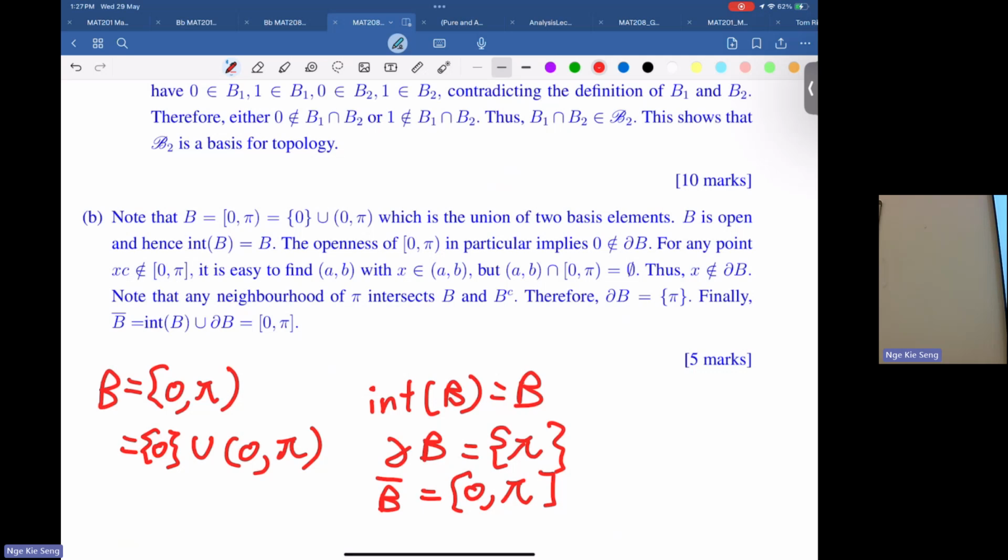Everything between 0 and pi is an open neighborhood, so it's everything already. Boundary of B. How to check the boundary of B? What's the definition of the boundary of B? Every neighborhood of that point must contain a point in B and a point outside B.